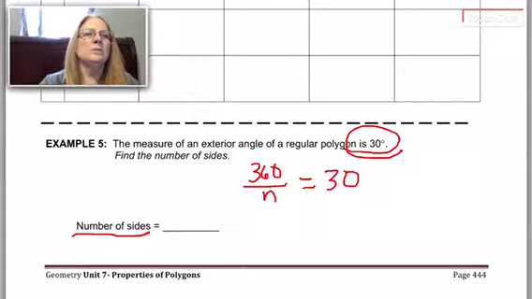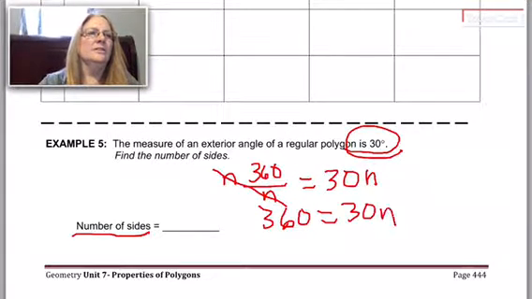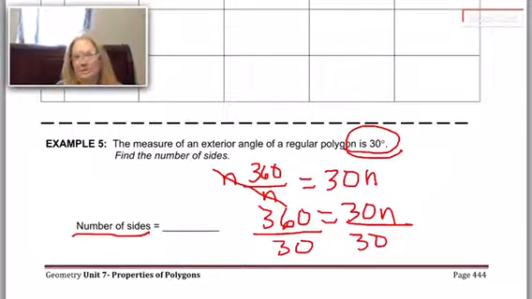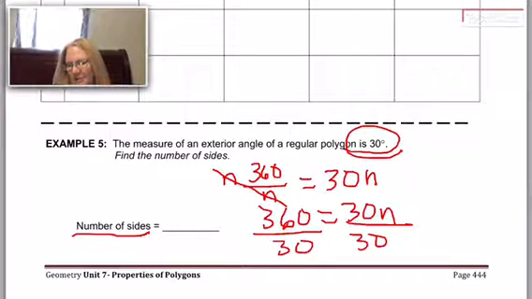I would multiply both sides of this equation by n, and you're left with 360 equals 30n. And then divide both sides by 30, and n equals 12. 360 divided by 30 is 12. So a regular polygon with 12 sides, each exterior angle would be equal to 30 degrees. Okay, good luck.